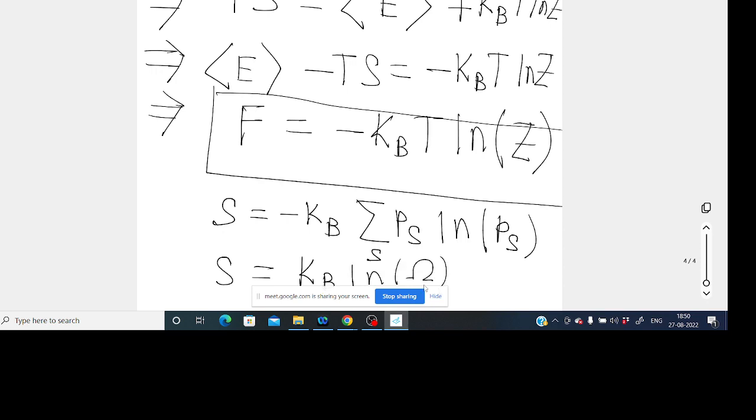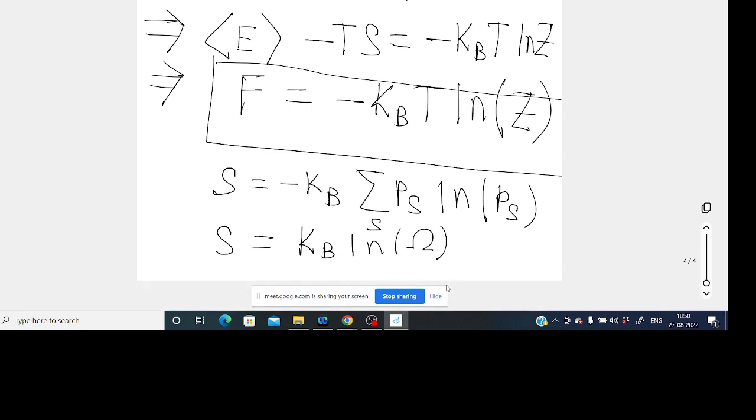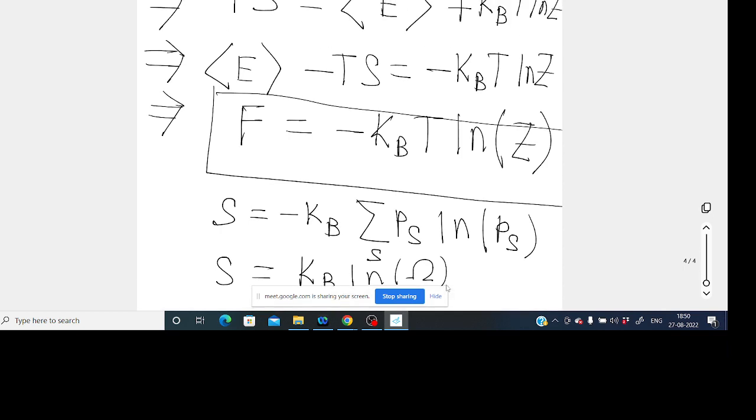Now what is omega? Omega is the number of microstates corresponding to a particular macrostate. So are they equivalent, these two entropies? Let's say this is entropy 1, this is entropy 2. Are they equivalent or not? Anyone knows this answer?